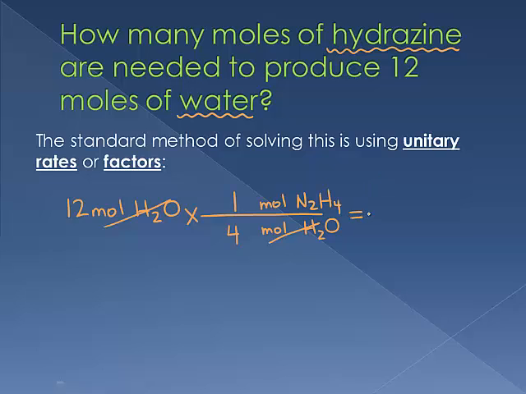Yes, so I put an equal sign. Now I take 12 and multiply by 1, then divide by 4, and that gives me 3 moles of N2H4. When you're looking at your sig figs here, we assume that these mole ratios are perfect. So these mole ratios do not count for sig figs.